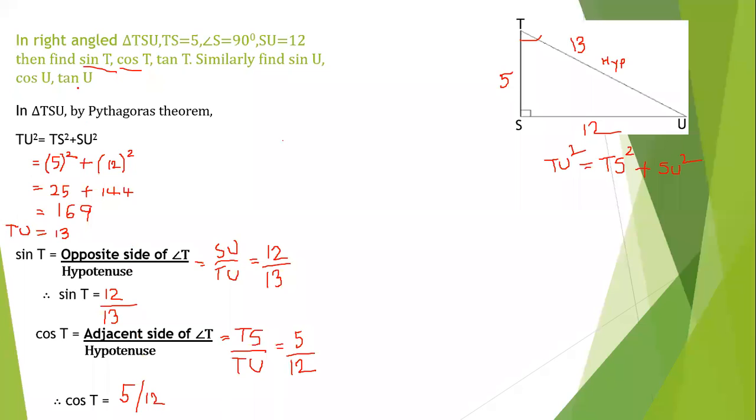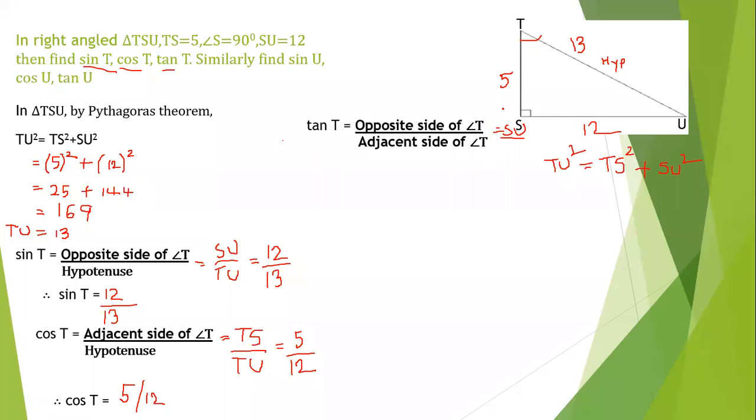Okay. The next one is tan t. So first we will write the formula. Tan t is equal to opposite side of angle t upon adjacent side of angle t. Now which side is opposite to angle t? You can see in the figure, here is angle t. So the side SU. So here we will write SU upon adjacent side of angle t.